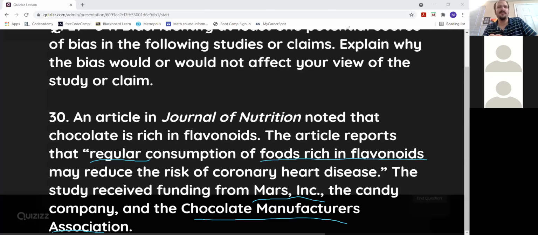I feel like there's some vague wording. They're kind of linking two concepts together, right? That may not necessarily go together, through vague wording. But the main thing is that we're talking about people that produce chocolate and they're telling you that chocolate's good for you. You should probably be pretty skeptical of that. That's how they make their living.